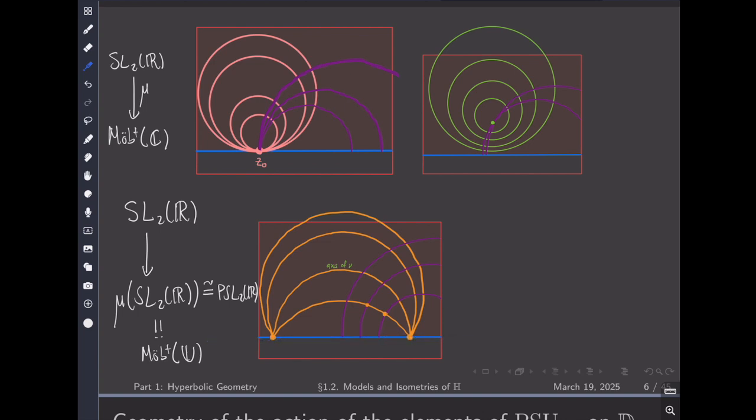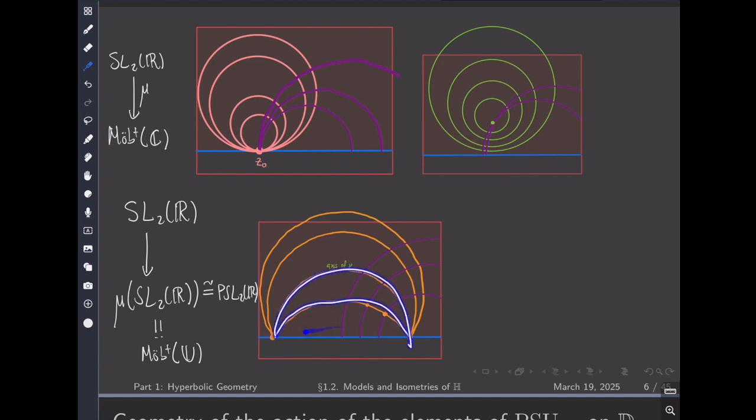For instance, if nu looks like repelling from this and attracting to this, then nu inverse, of course, has the opposite behavior. Right? Okay, and then the behavior is on these common circles.